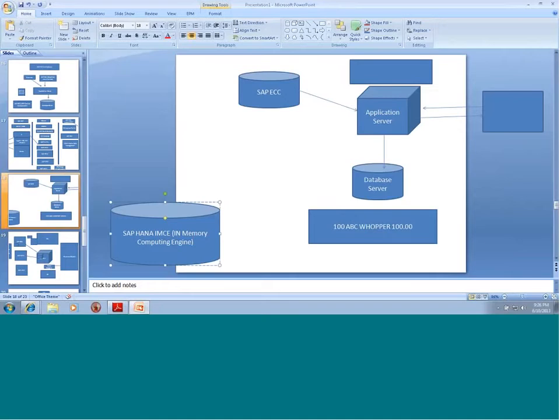If you run a query on the Google website, you will see the speed at which it returns data back. It stores data in a different format. Here data is stored row based. In SAP HANA, the data is stored column based.